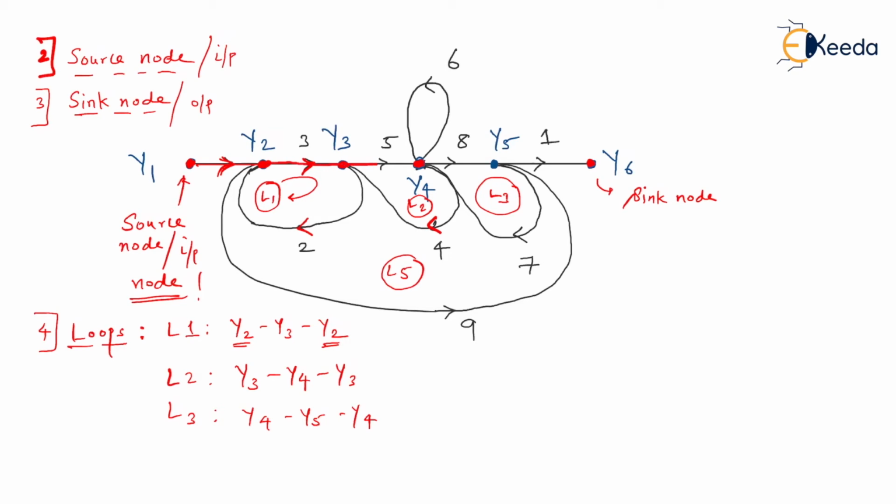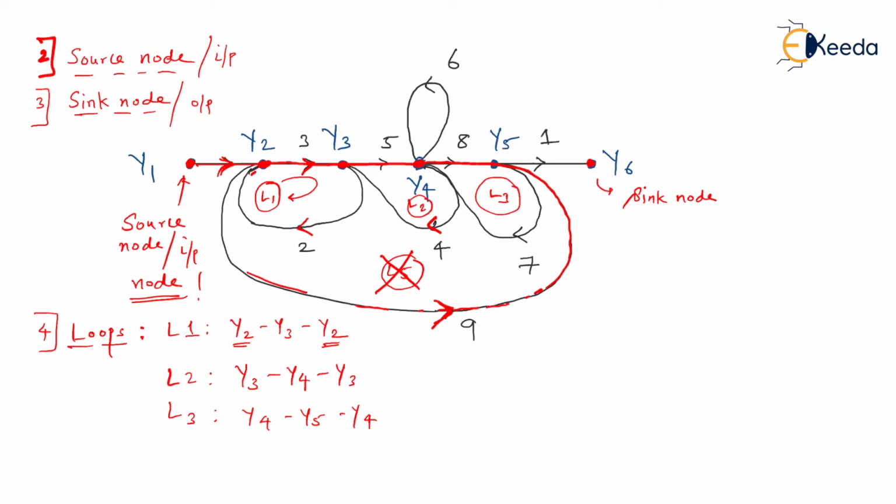It goes y2 to y3, y3 to y4, y4 to y5 and then y5 back to y2. Am I right? But can I do that? The answer is no. Look at this arrow. It is going forward; it is not coming in the reverse direction. Therefore, I cannot consider this as a loop.